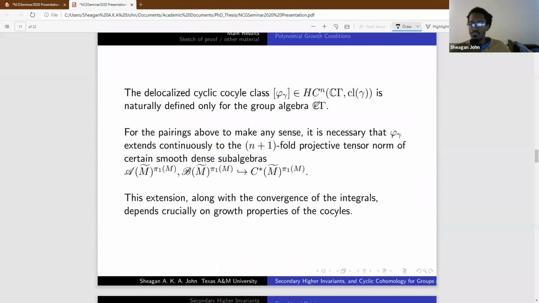Okay, so the first problem, and one which I had mentioned before, is that naively our delocalized cyclic cocycle classes are defined for our group algebra.